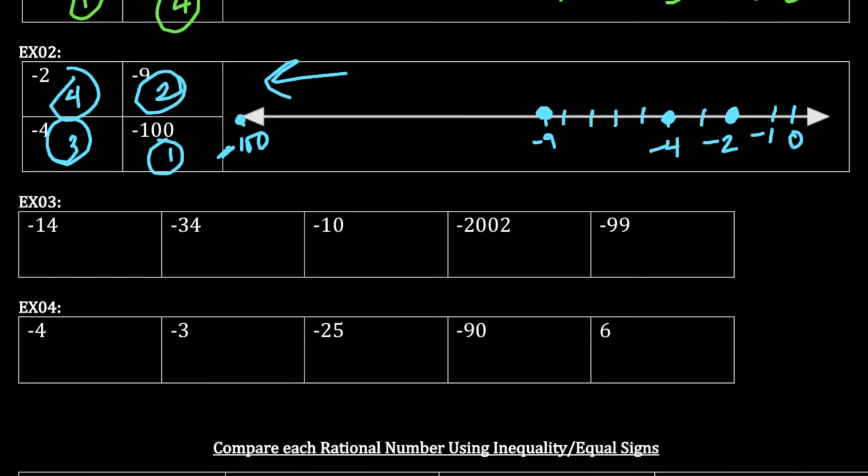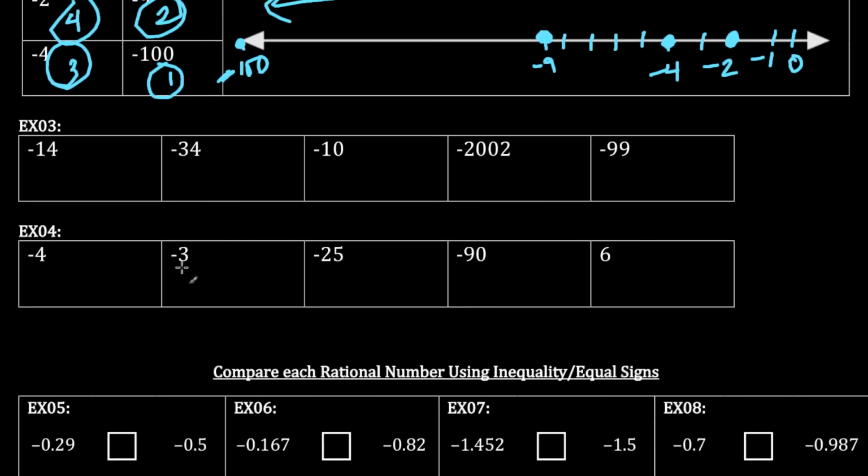All right, so in this one, what we normally do is do this in our head, and I usually have you do this in your head while you're in class, but since you're not in class, we just have to talk through it. So I'm looking for the biggest negative number, because the biggest negative number is the least. The biggest negative number is right here.